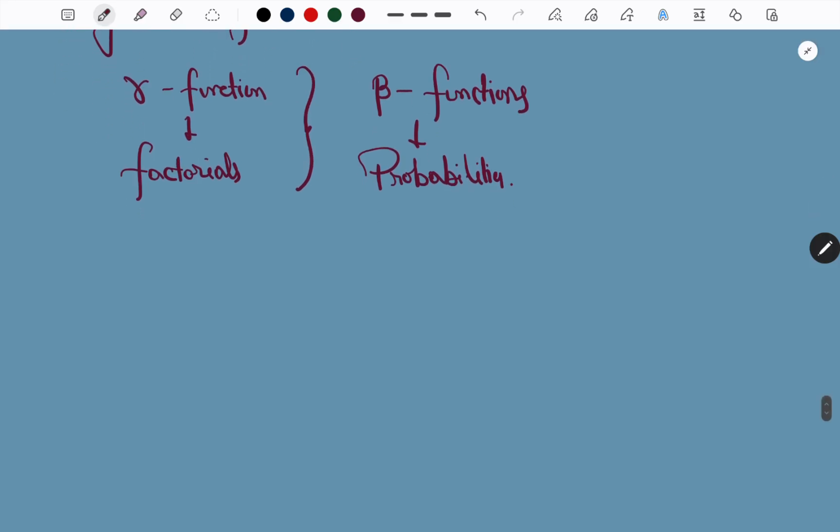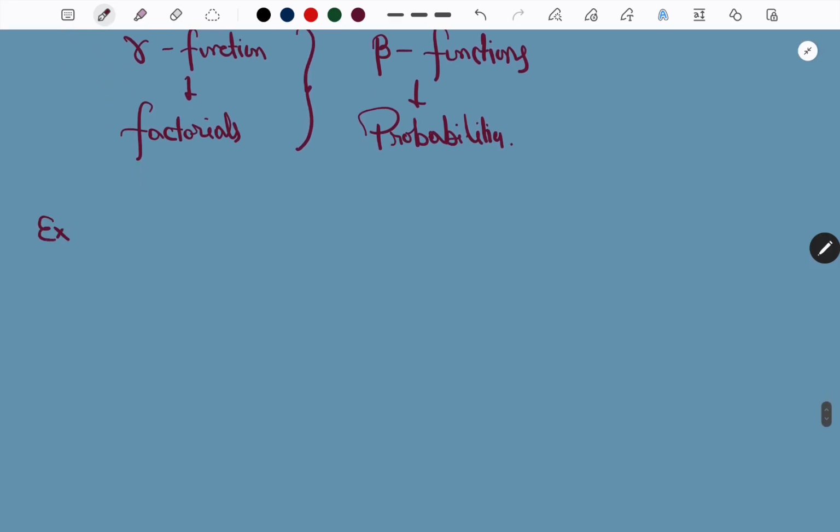So let's take one example. You try to solve it, otherwise I'll solve it. I'll give you a minute to understand how to solve it. For example, say there is a probability problem and I need to solve this probability problem using beta and gamma functions. So what is the question?